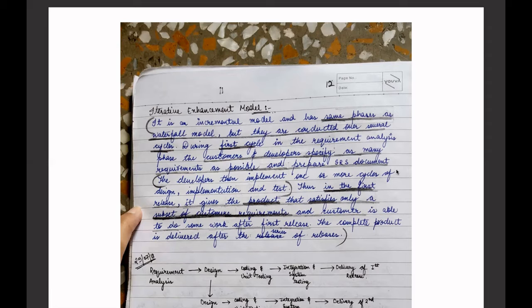The incremental model is a software development approach where the product is designed, implemented, and tested incrementally until the product is finished. It involves both development and maintenance.